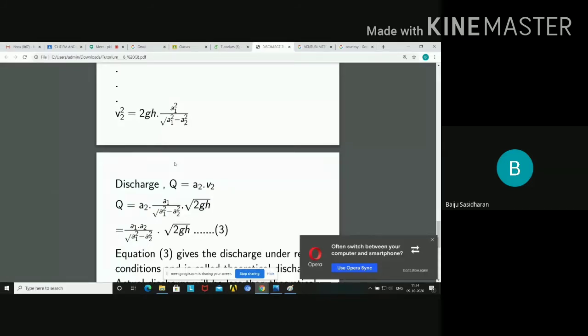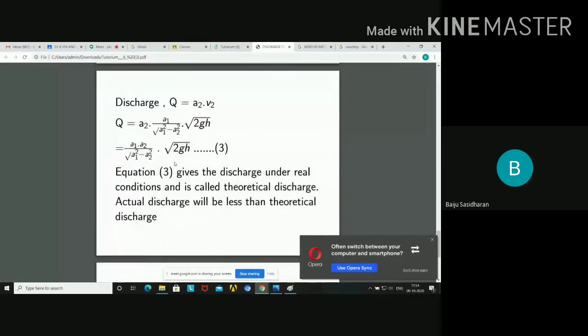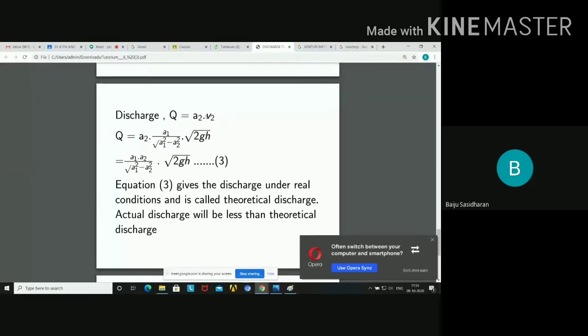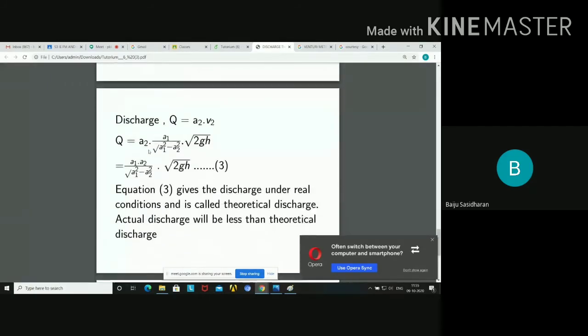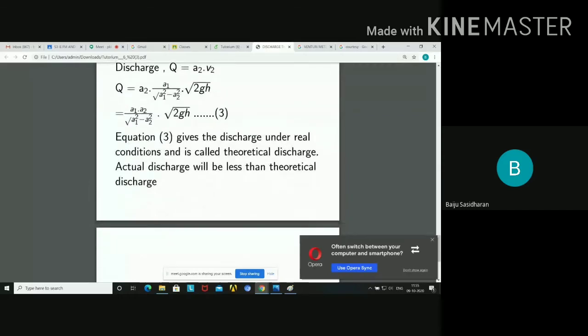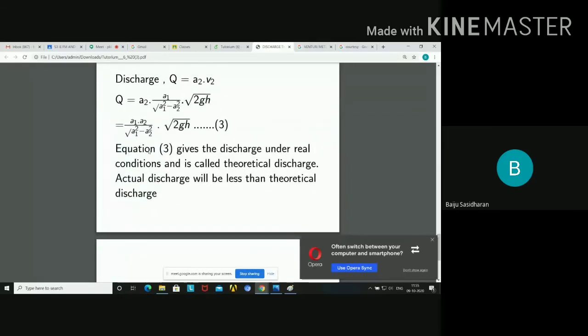Already we know the relation Q is equal to A2 V2. That is, Q is equal to A2 into, for the V2, you substitute this relation. On substituting, you will get Q is equal to A2 into A1 by root of A1 square minus A2 square, into root of 2gH.